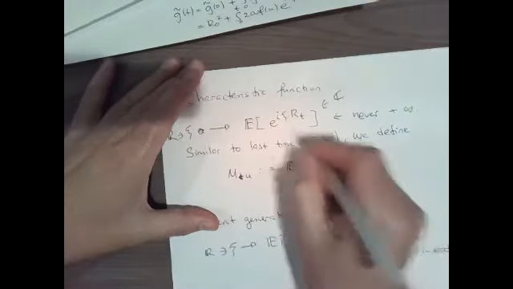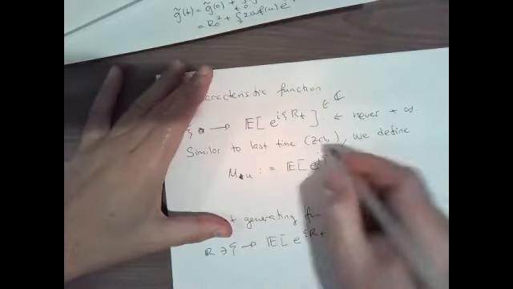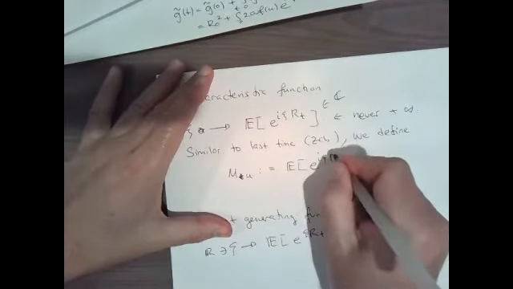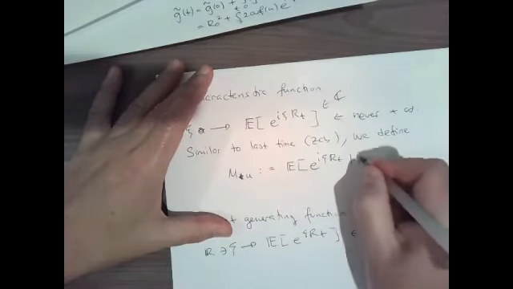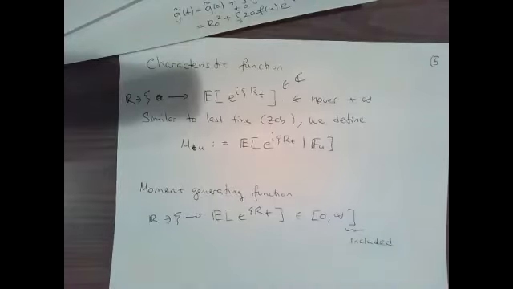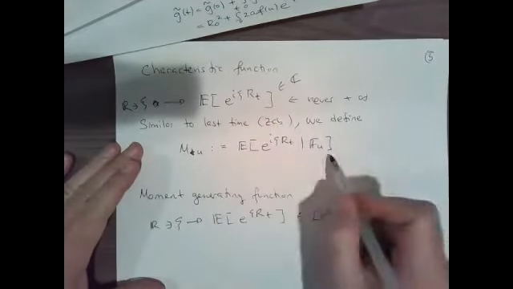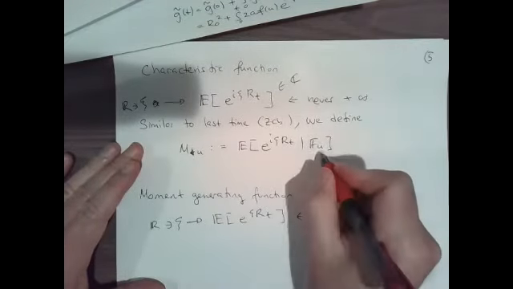So it's E of e to the i psi R_T given F_u. We had something quite similar to this last time. And the thing to note is that there's a time variable here.